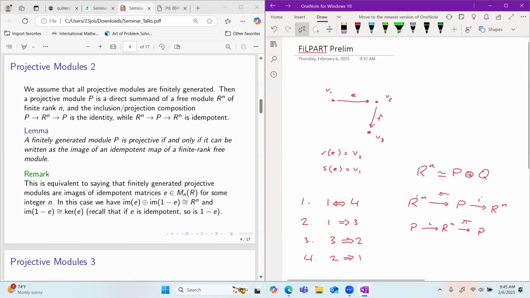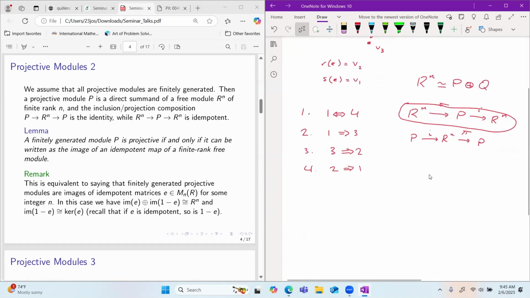But this here is important because it basically means that you can always write your projective module. So I'll put it in green here. Projective modules can always be written as the image of an idempotent matrix.